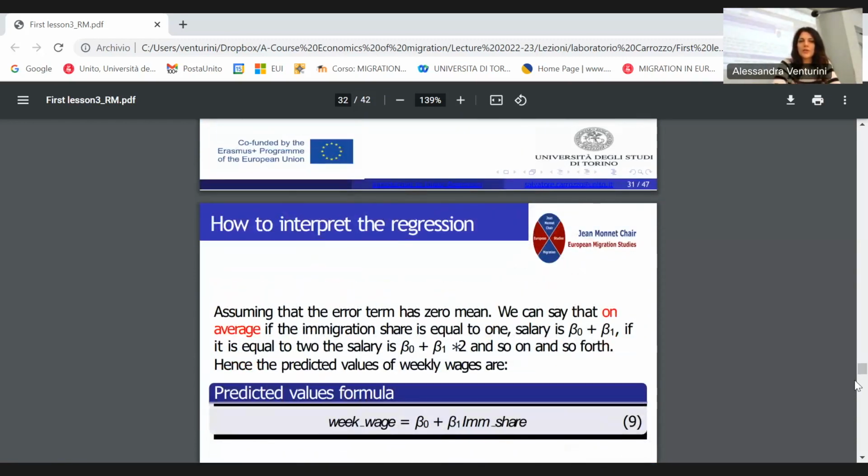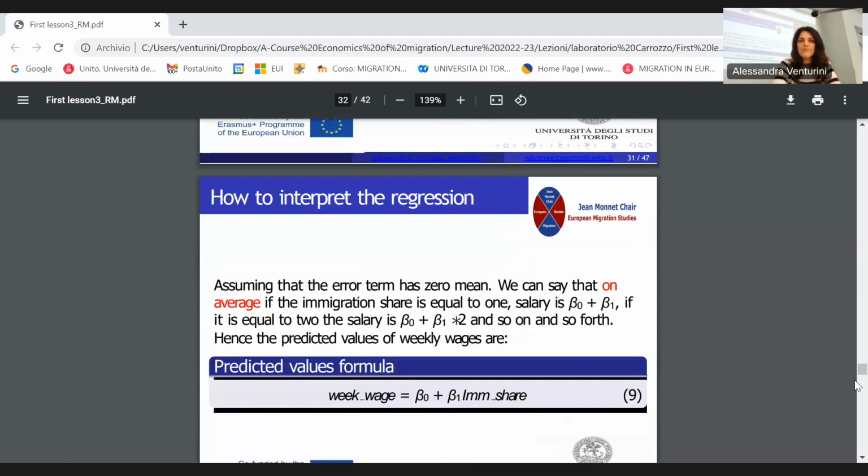How to interpret the regression? Imagine that we have this relationship, the weekly wage as a function of the immigrant share. What is important for us is beta 1, the coefficient of our main variable. So, assuming that the error term has zero mean.